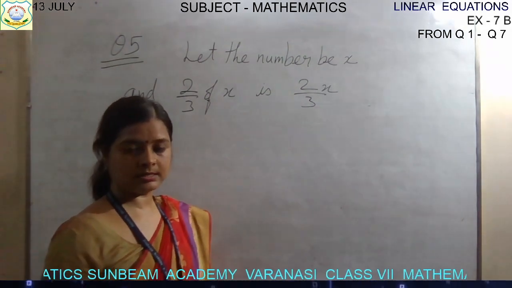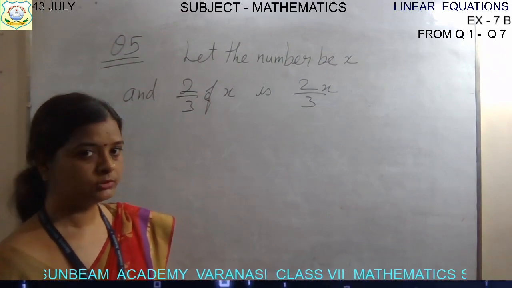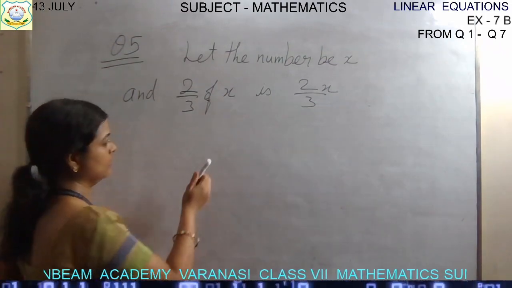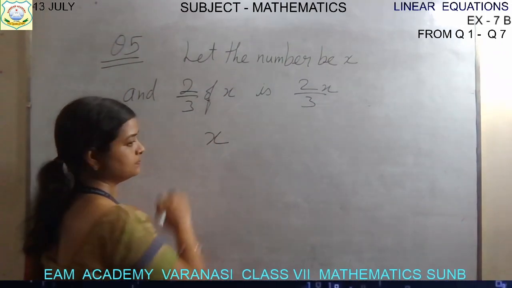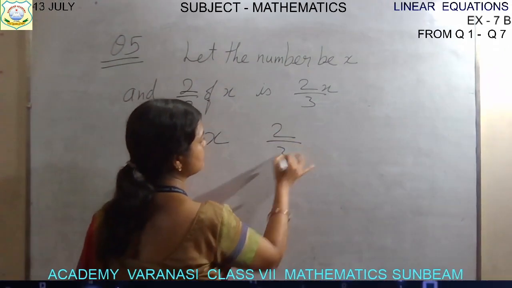Now the question is, when you add these two numbers, a number added to its 2/3 is equal to 55. So let's add these two numbers. One number is x and its 2/3 is 2/3x.